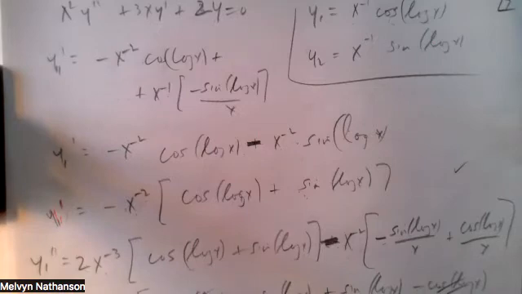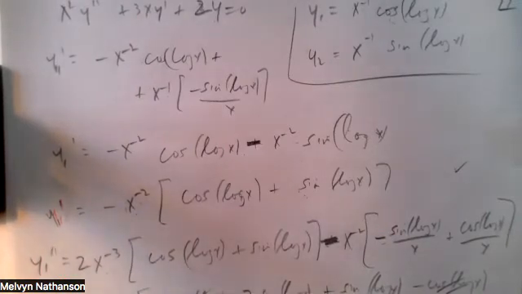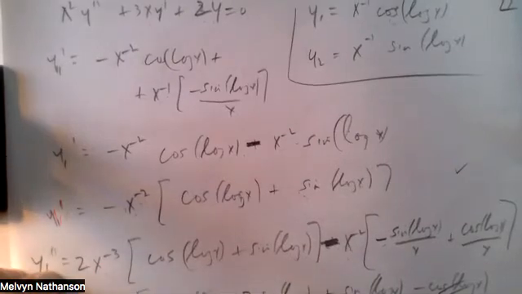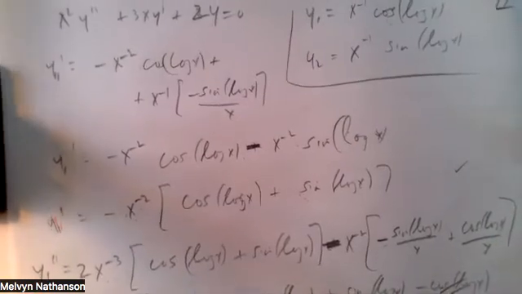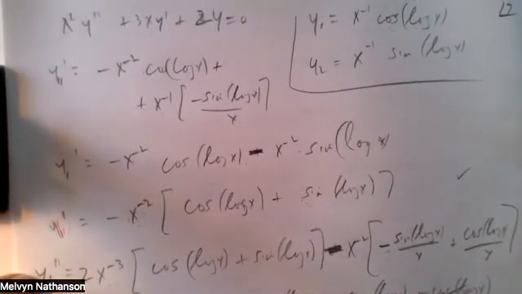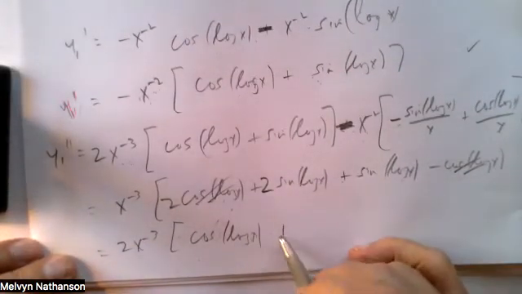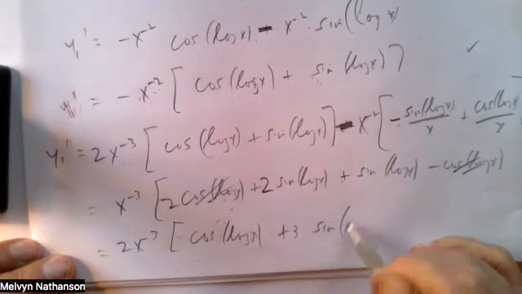This is two cosine log x plus 2 sine log x plus sine log x minus cosine log x. So what this is really is 2 cosine log x minus cosine log x. That's 1 times the cosine of log x plus 3 times the sine of log x.